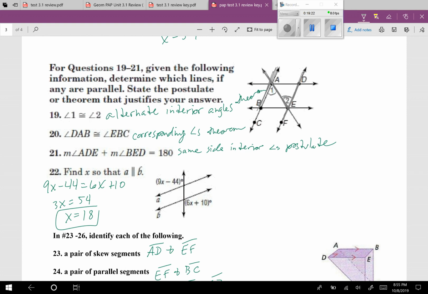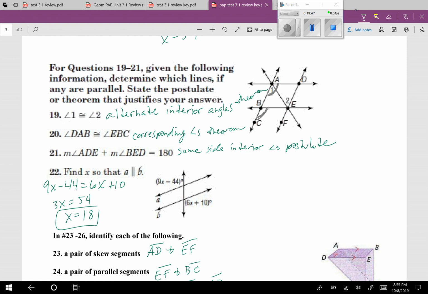Okay, angle DAB is congruent to angle EBC. Okay, DAB. That's this whole angle right here. And then they want us to say that it's congruent to angle EBC. EBC is this angle right there.